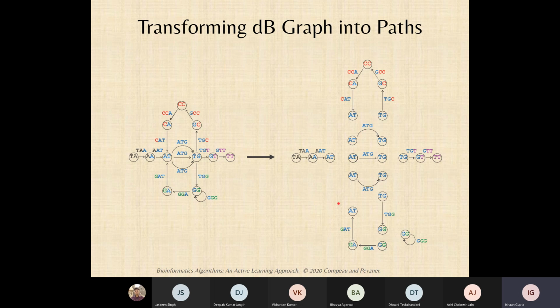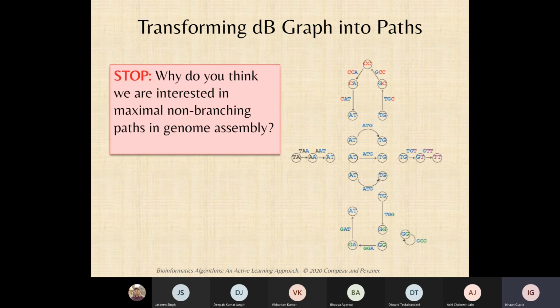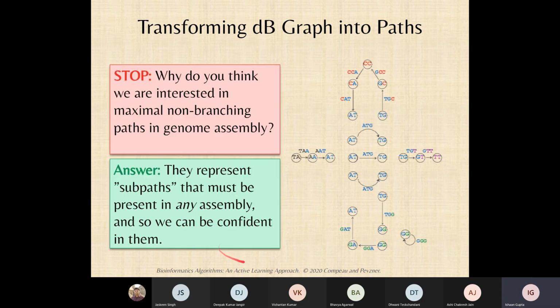What does this mean? It means that all these subpaths will be present in any assembly, whether it is a right assembly or wrong. Whatever algorithm you use, these paths should always be present. And when you complete these paths, what you are getting are contigs.